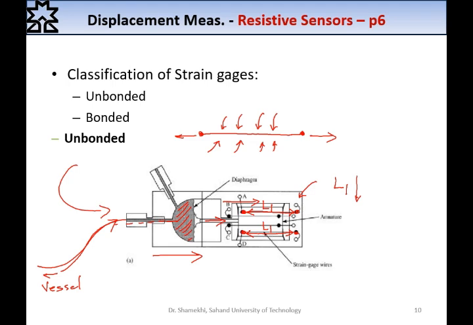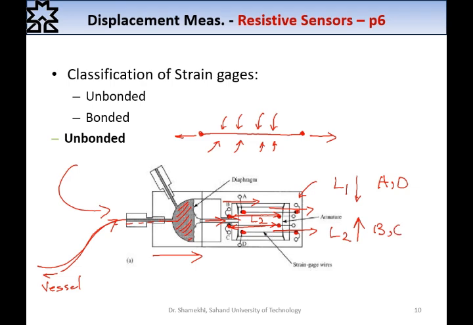And also, the length of strain gauge B and strain gauge C, because of the fixed points of these strain gauges and because of the moving from left to right, will be increased.